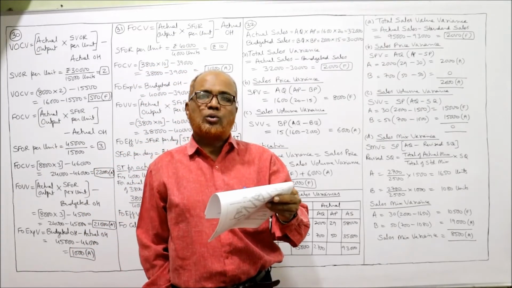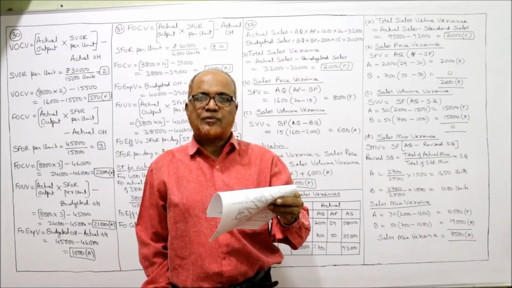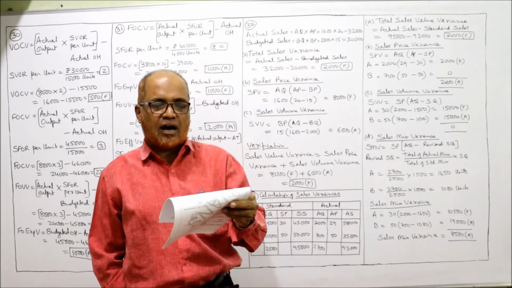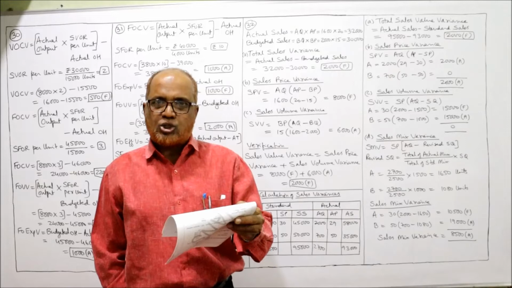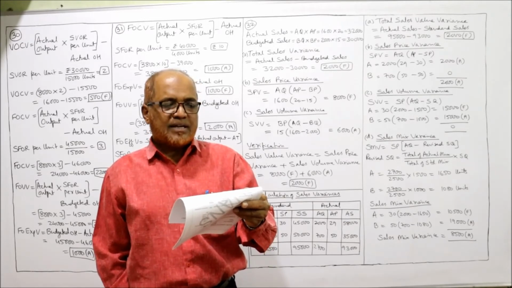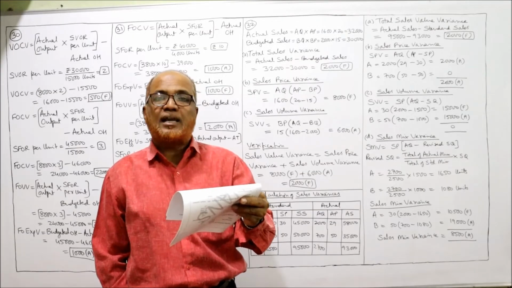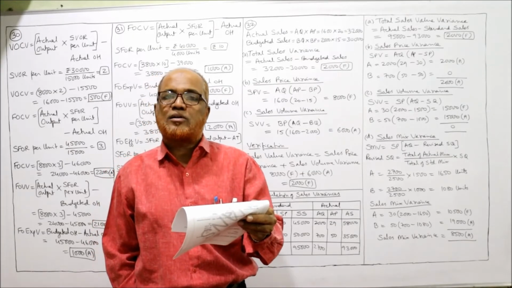Budgeted units sold 2000, actual units sold 1600. So actually expected sales are 2000 units, but actual sales are only 1600 units. Budgeted selling price 15 rupees per unit, but actual selling price 20 rupees per unit.